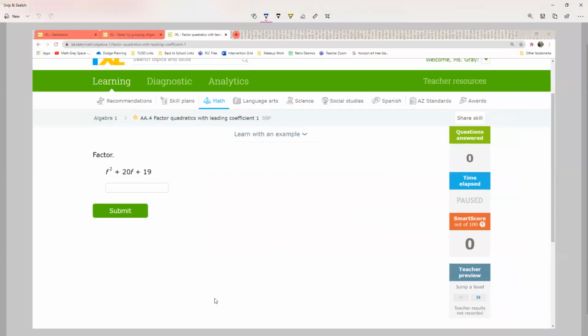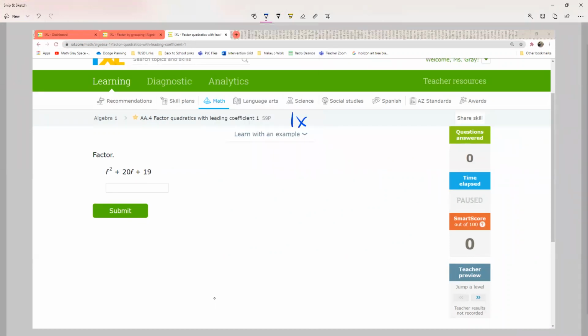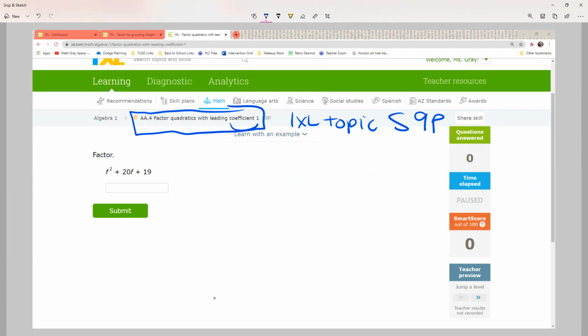All right, so this is IXL topic S9P. And like, here's the title there, like I said. And so that coefficient of 1 means that there's an invisible 1 here out front. Eventually, we're going to do some that have other numbers besides 1, and that will definitely make it a little more complicated, but it's very doable still.